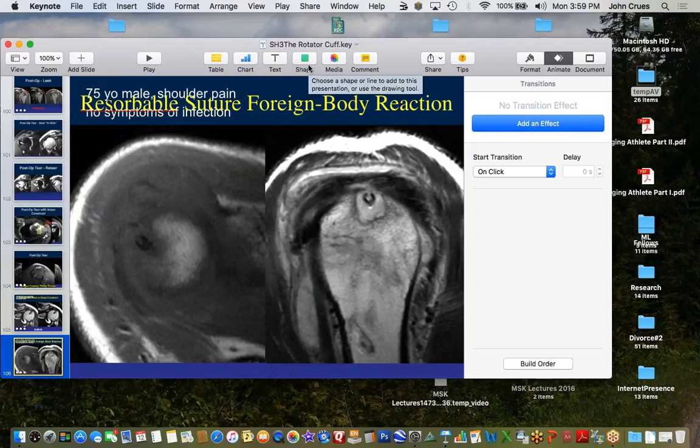You don't get this with metal anchors? Yeah. Metal anchors can cause... In the shoulder, I've never seen particle disease. If you have large chunks of metal like a hip prosthesis, in fact, I saw a really good example of particle disease earlier today from the hip.